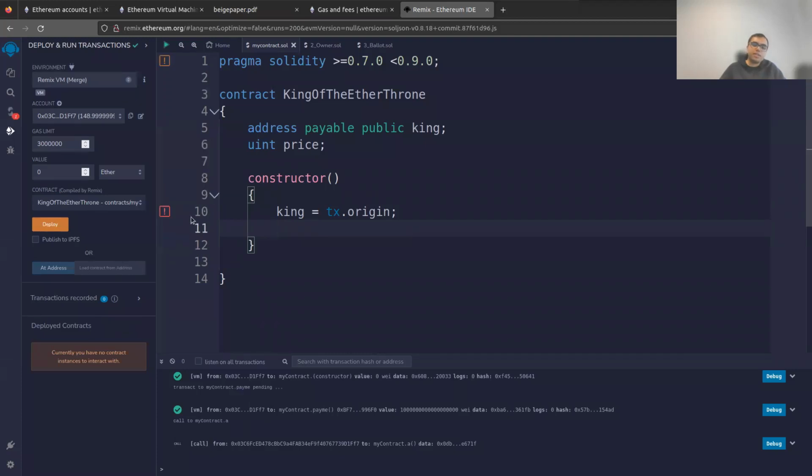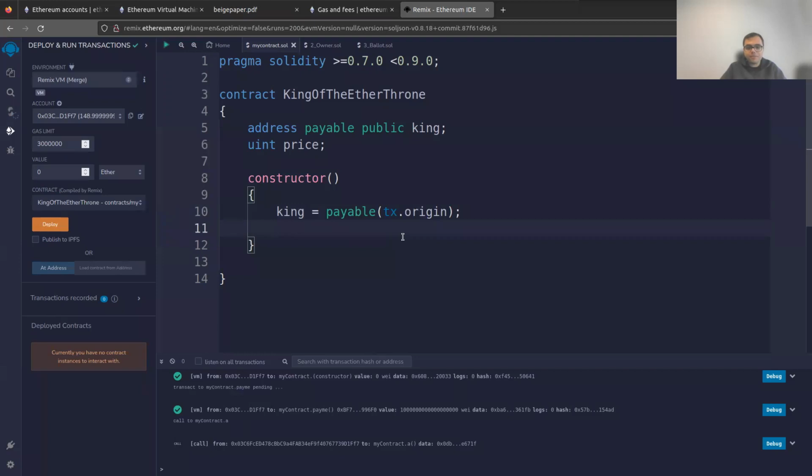But now, as you see here, I have an error. It says tx.origin is an address, but king is an address payable. So you cannot convert implicitly, you have to convert explicitly. You have to say I want to make this payable. This is just a check to make sure you know what you're doing with your money.